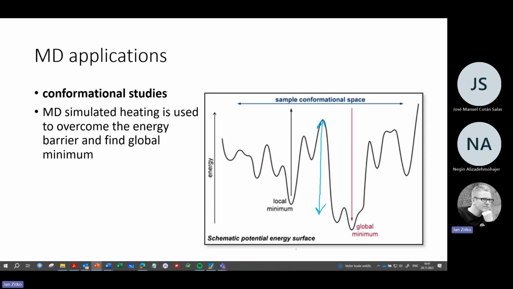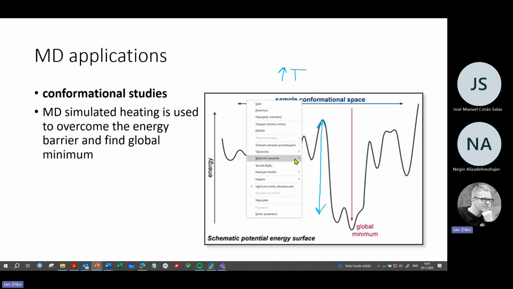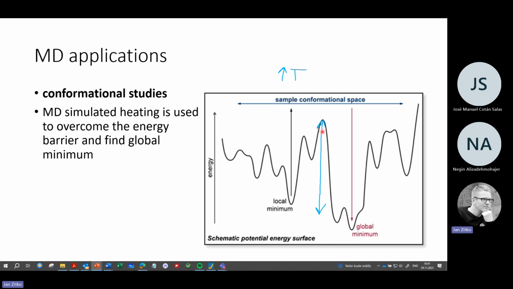But what you can do is use molecular dynamics, because in molecular dynamics you can, of course, as I already said, control the temperature. And the temperature is then projected on how much energy is in the system. So if you slightly increase the temperature of your system, you will be able to overcome the energetic barrier, even one as high as this.